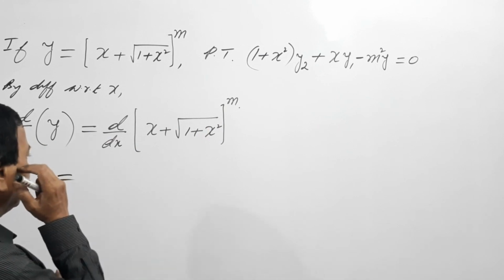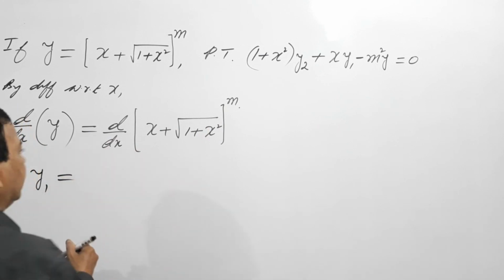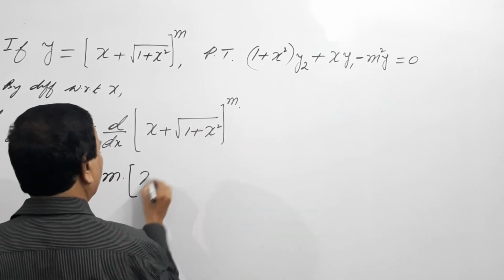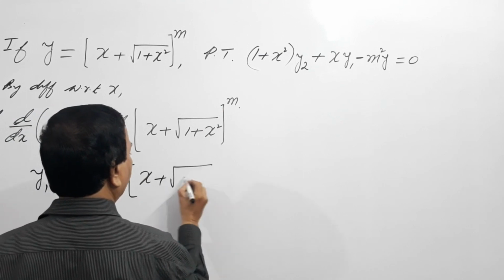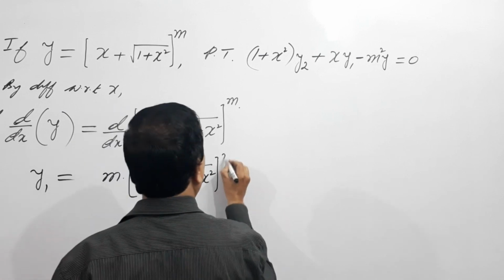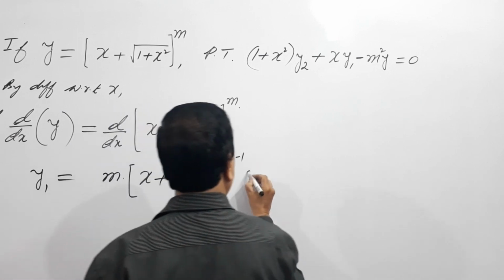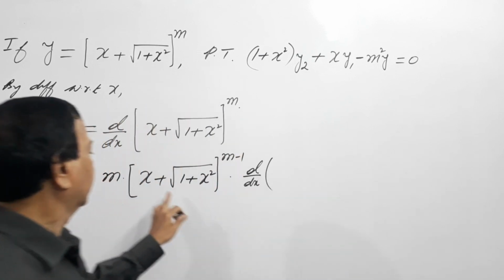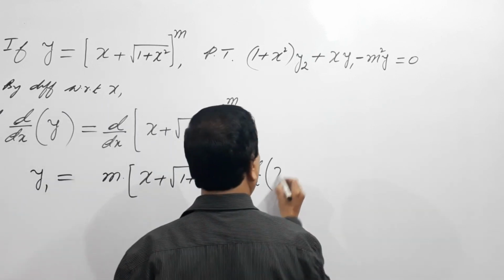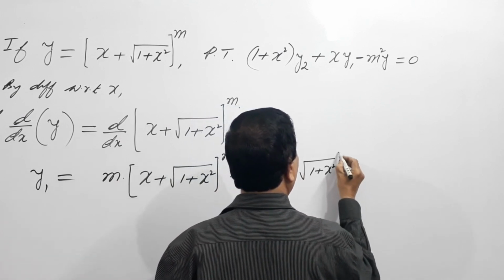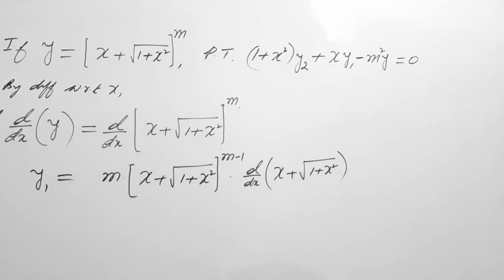So y1 equals d by dx of this, that is m into (x plus under the root 1 plus x square) to the power of m minus 1, into d by dx of the inner function, that is x plus under the root 1 plus x square.